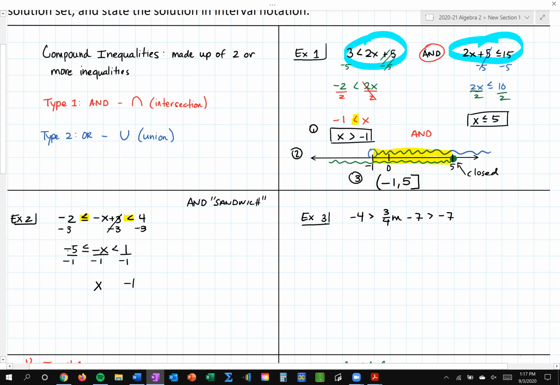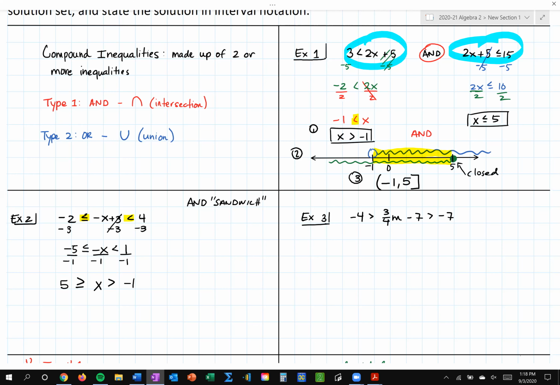And negative 5 over negative 1 is just 5. But since I divided by a negative, what should I do to both inequalities? Yeah, we flip, right? So instead of pointing to the left, now it goes to the right and the other one as well. All right. So there is our new inequality.